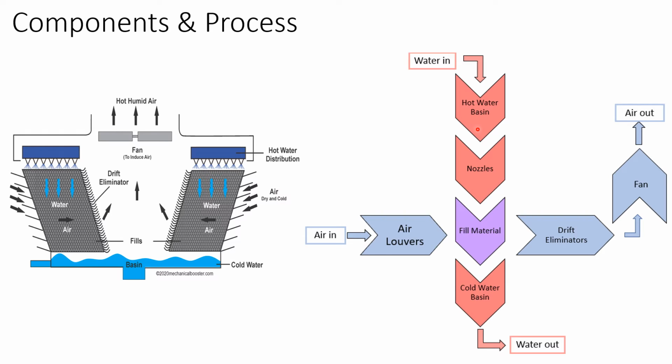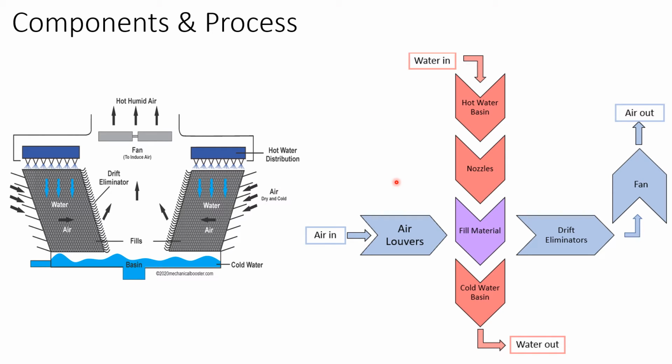At the bottom of the hot water basin are gravity-fed nozzles that are responsible for evenly distributing the water across the fill material. The fill material is the point at which the water and the air come into contact, which is why it's colored purple. It's the heat exchanger surface where the evaporative cooling takes place.